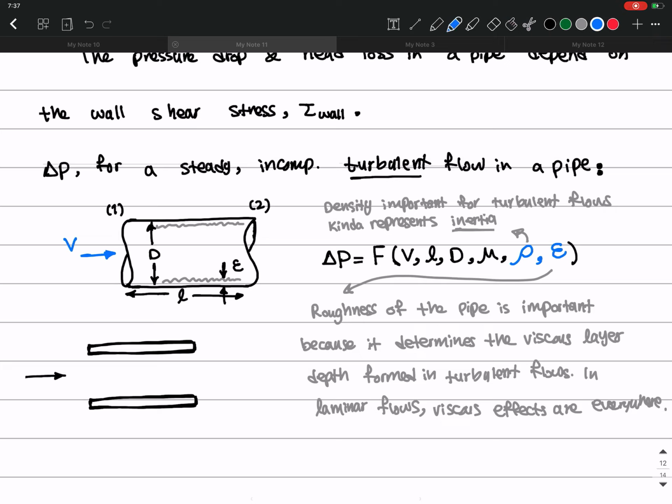But if your velocity is high, say we have some roughness elements here, a little bit rough, and also here, right? It's impossible to have a perfectly smooth pipe or channel. So once the flow comes here, because of this roughness, we will have a layer, depending on the velocity. If the velocity is too large, the depth of this is going to be smaller, right?